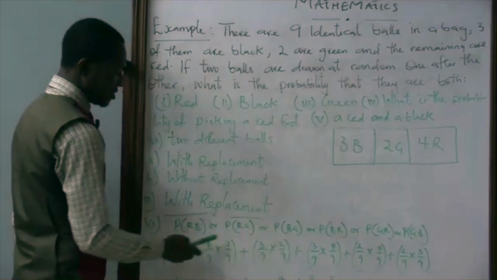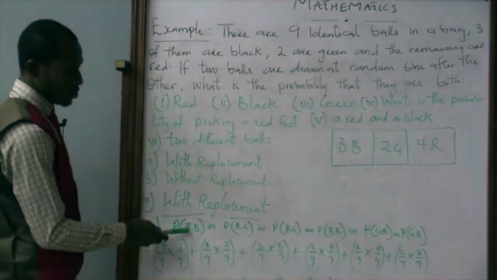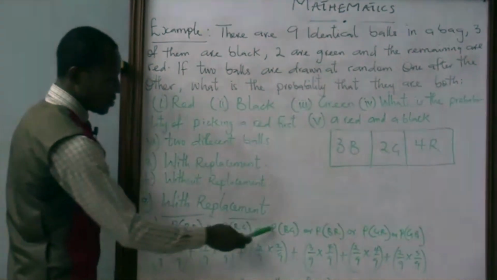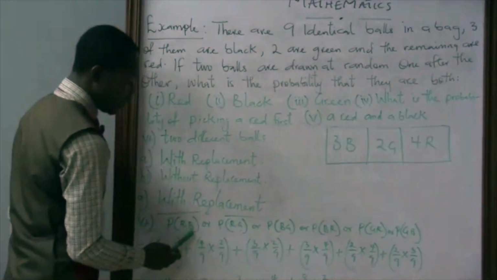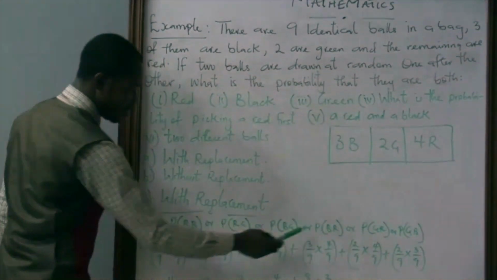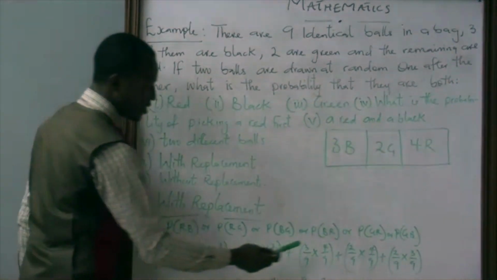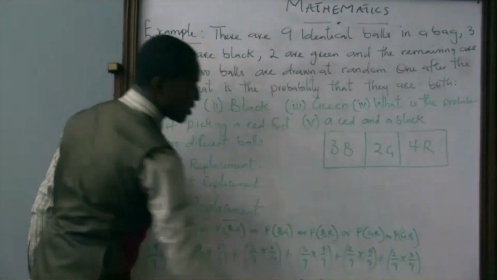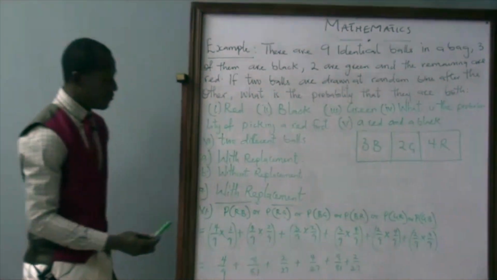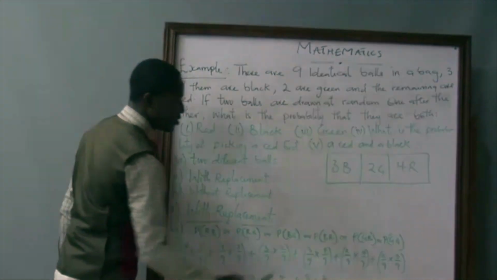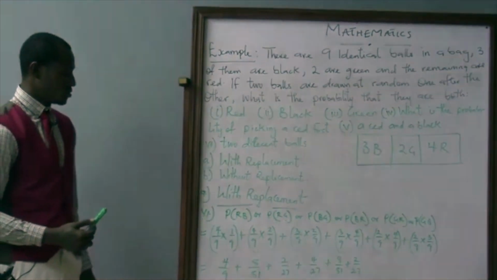But in this case, that's when the red is first. So we have to reverse it also. After these 3, or black first, red second, green first, red second, and also green first, black second. So now we have 6 possible outcomes.